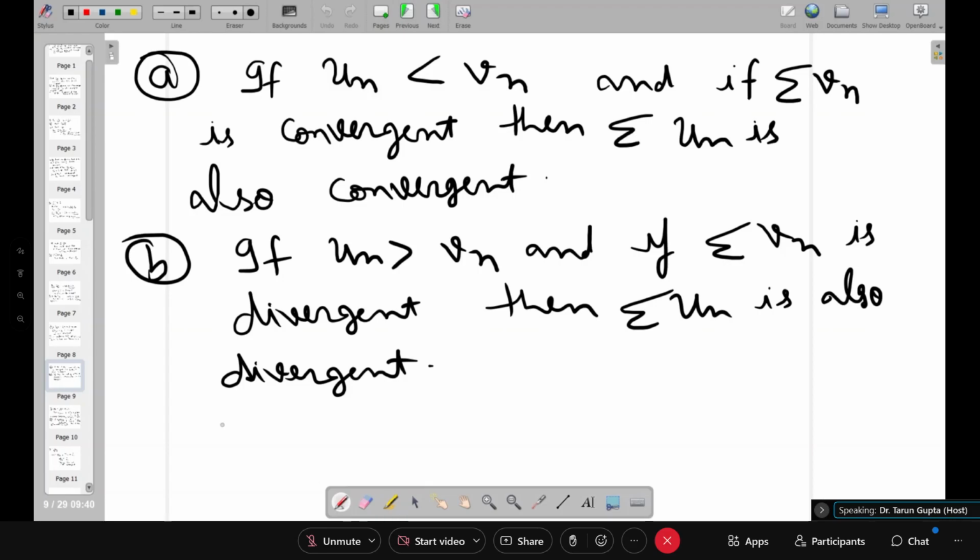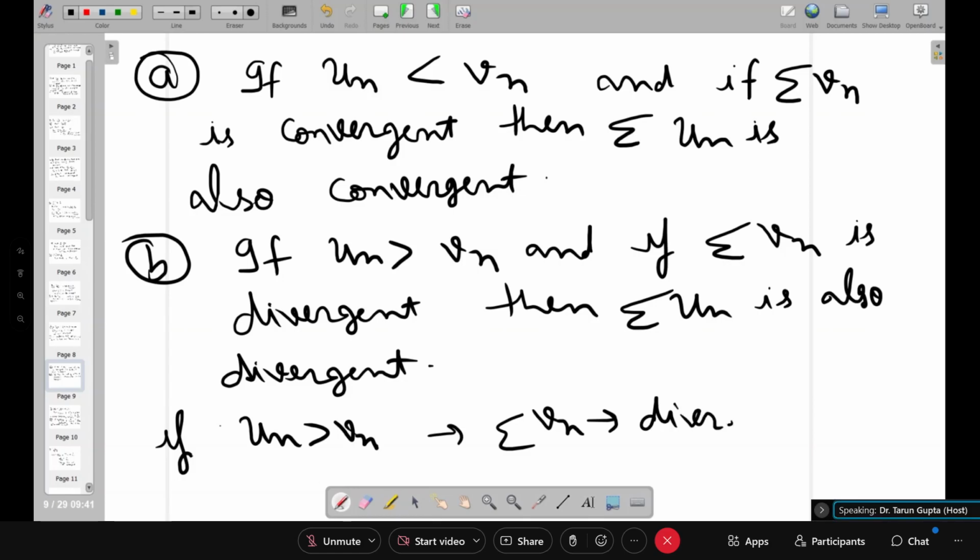What I am saying is, if un is less than vn and we know that summation vn is divergent, then you cannot say that summation un is also divergent. So you cannot apply this test here, because if the lesser series is divergent, then about the greater series you cannot say anything. So this thing you have to remember.